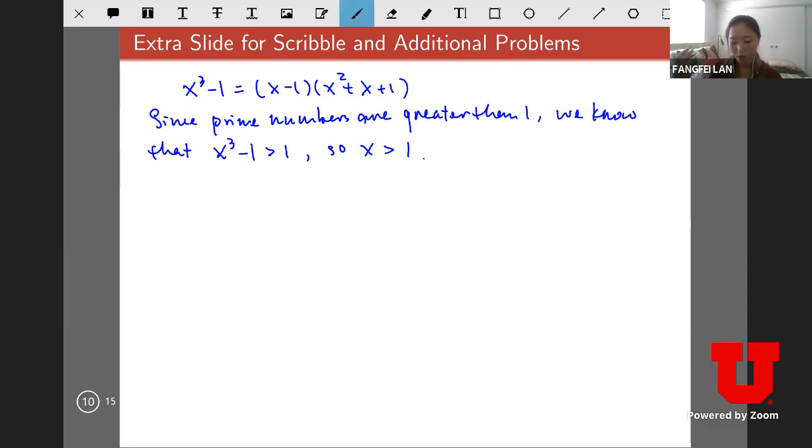Then we're just going to start plugging in numbers. The smallest case is when x is equal to 2, right? When x is equal to 2, x cubed minus 1 is 7, which is a prime.